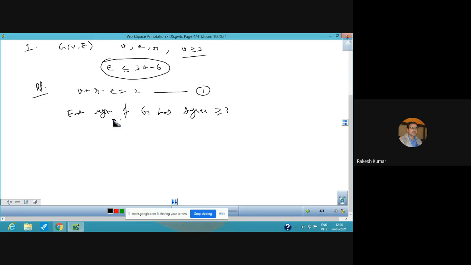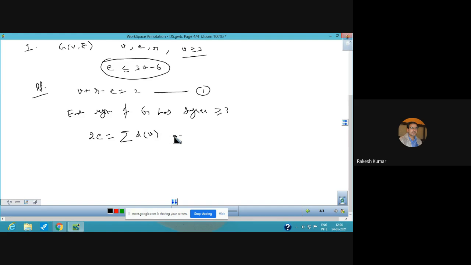And also we know that the sum of the degrees of the vertices is twice the number of edges.